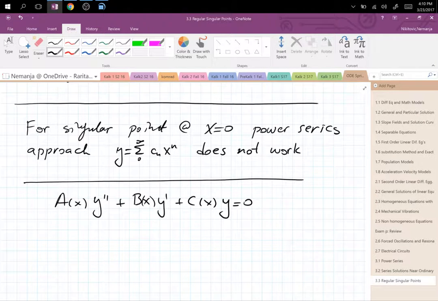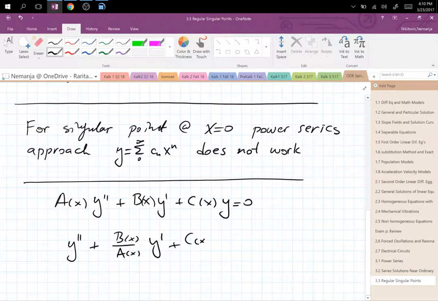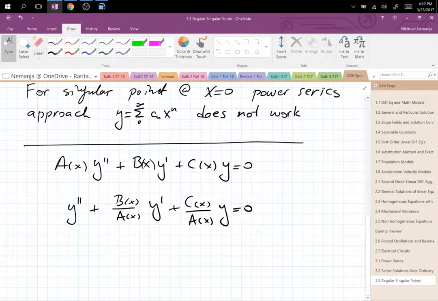So if I write y double prime plus b(x) over a(x) y prime plus c(x) over a(x) y equals 0, and we know that a(x) goes to 0, we can still call this p(x), but the denominator goes to 0, in which case the entire term could possibly go to infinity.